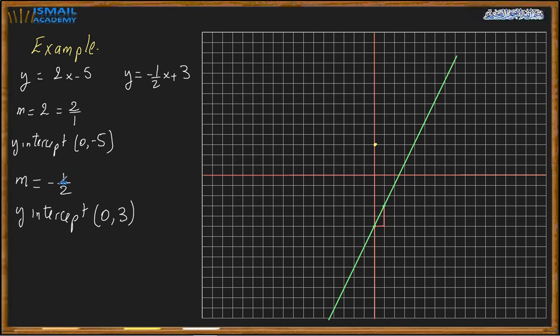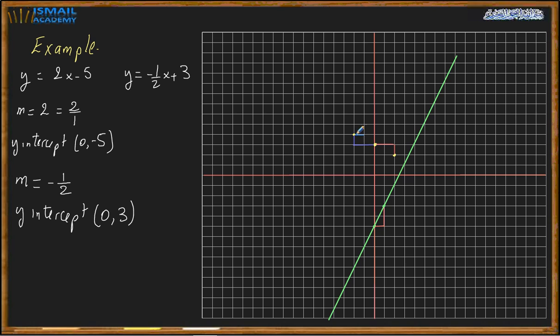Now, I can go to the left 2 and up 1, or I can go to the right 2 and down 1. Let me show you both ways. It's the same thing. Here my point will be here, and if I do the other way, the point will be here. And look, let's make a line.